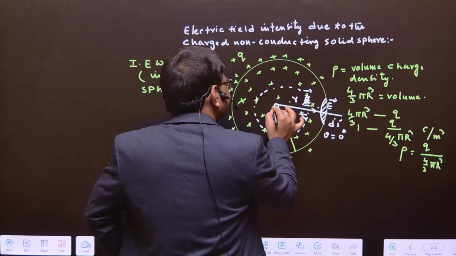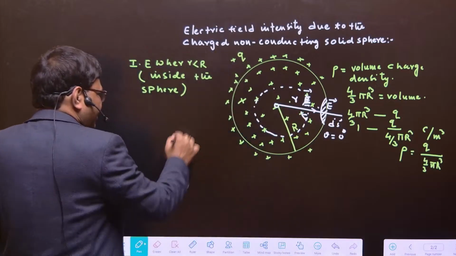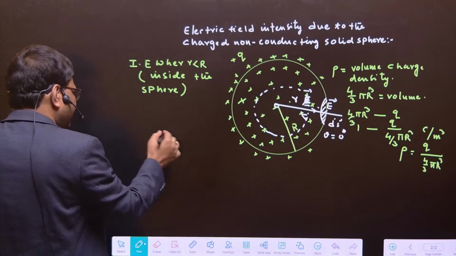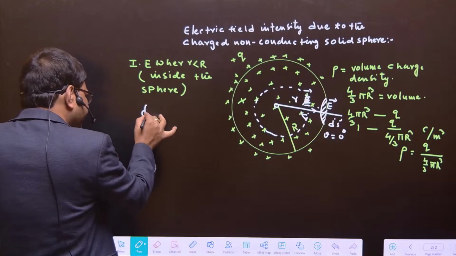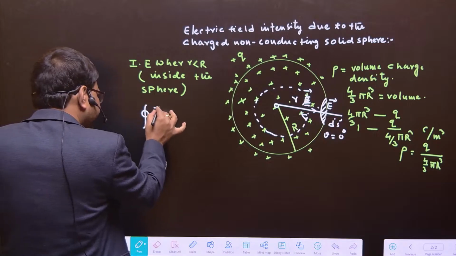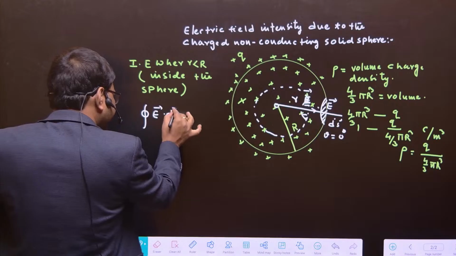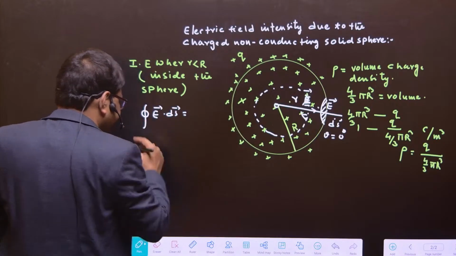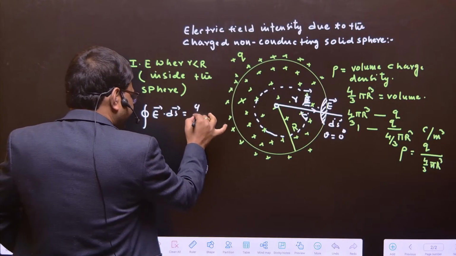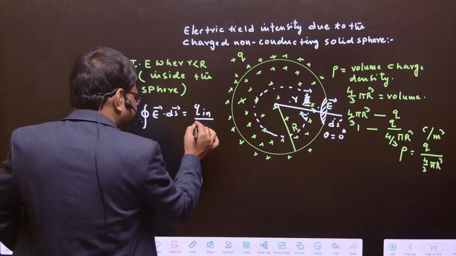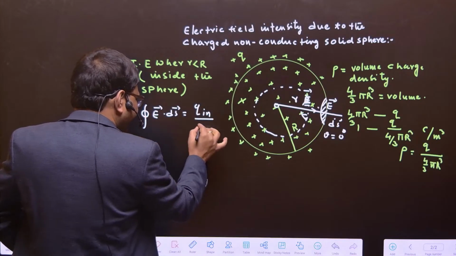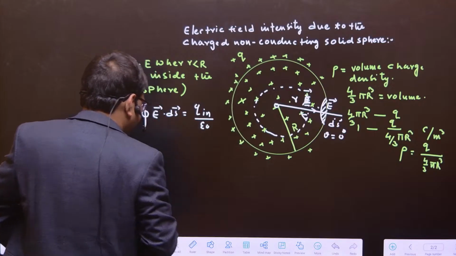And this is the center O. Okay, the Gaussian surface we have drawn. According to Gauss theorem, the electric flux, integral of E vector dot ds vector, is equal to q inside divided by epsilon naught.